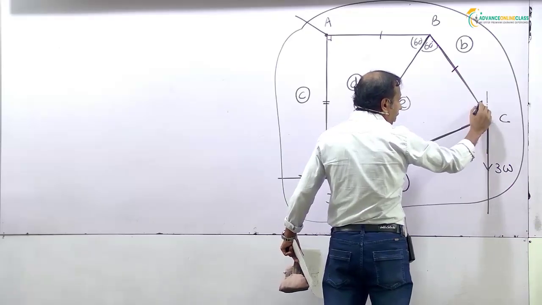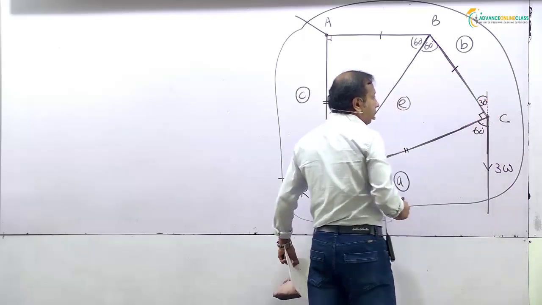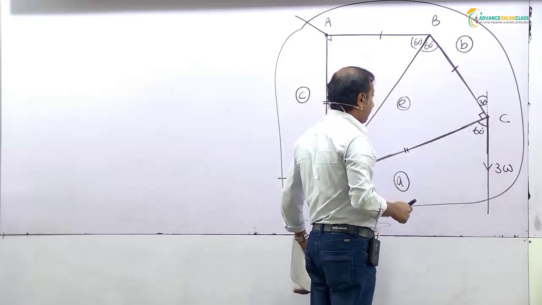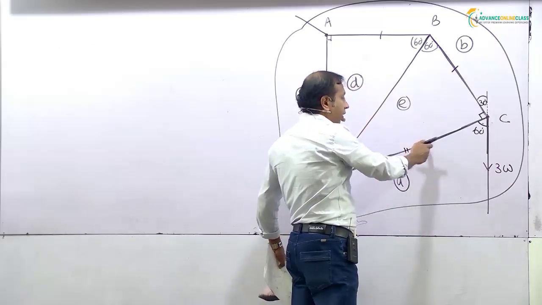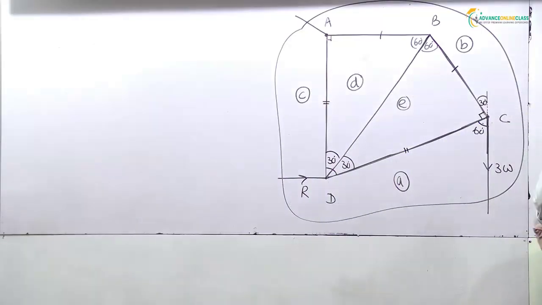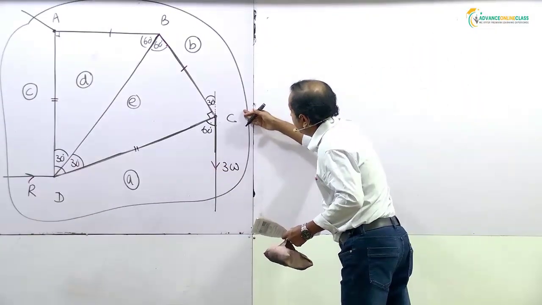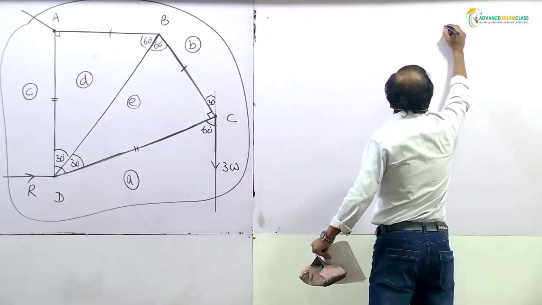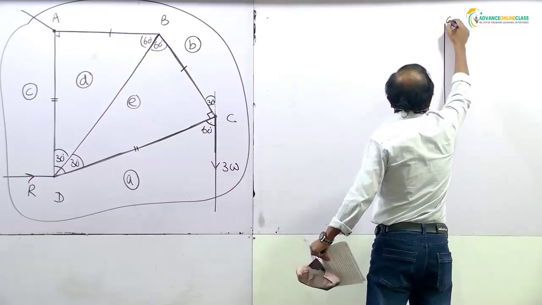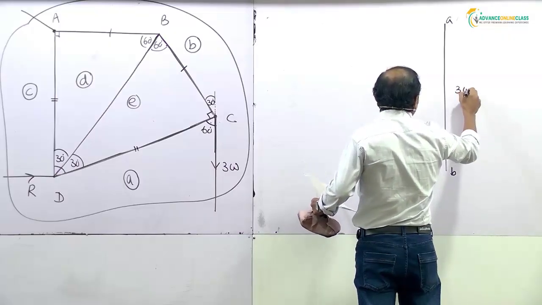Here 90, 60. Therefore, this is 30. BC makes 30 with the vertical. Right. CA vertical 60. Okay. Then we draw AB. AB downward 3W. Downward 3W.